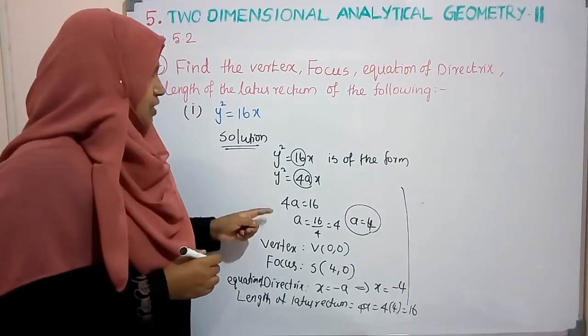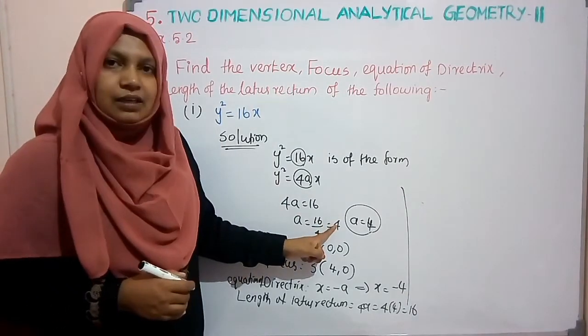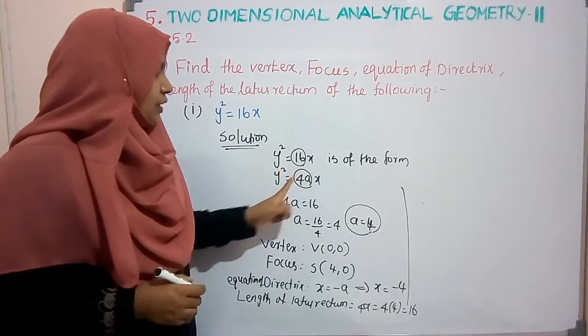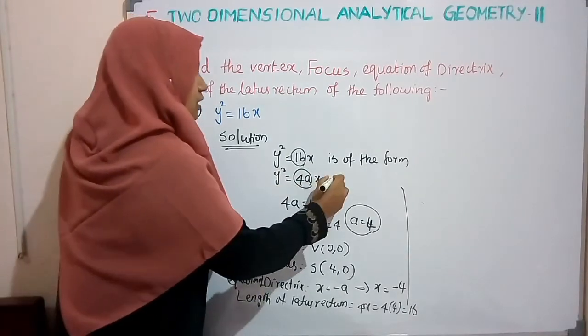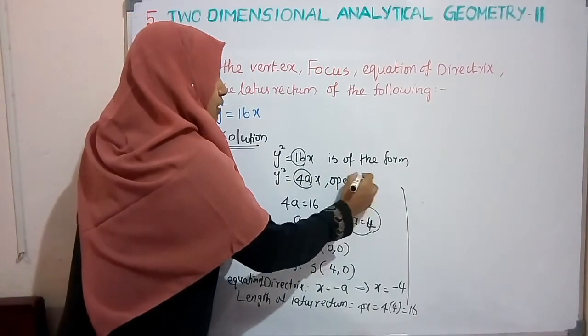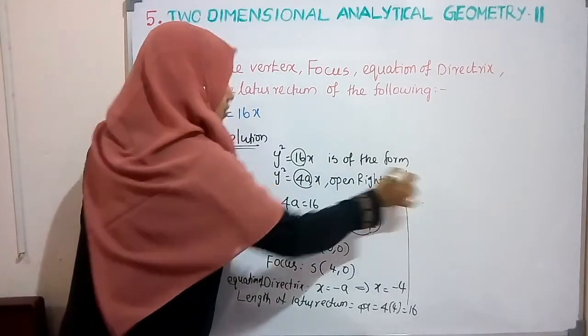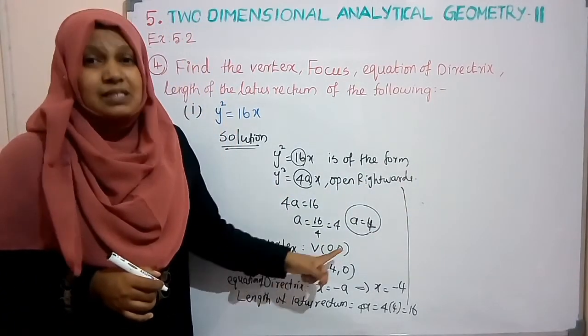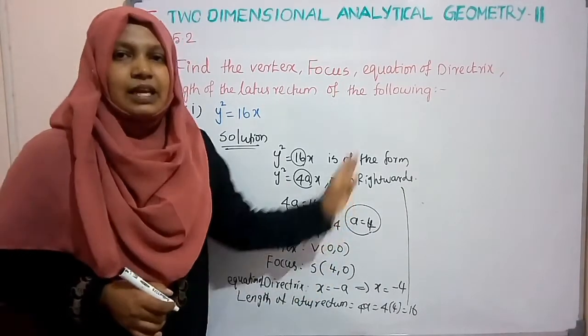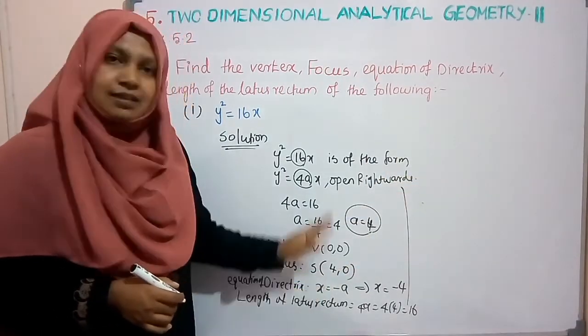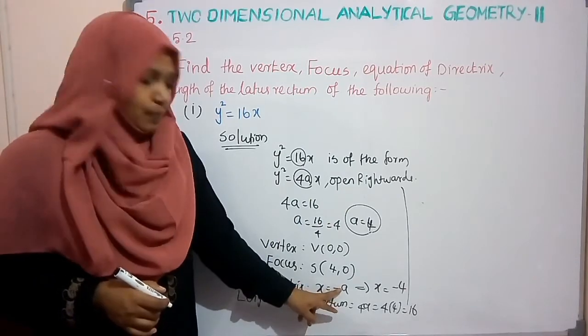Okay. So first you should find the value of a. Then it is in the form of y square equal to 4ax, means it is open rightwards. So open rightwards means the focus is a comma 0 because it is lying on the right side, and directrix is left side, so it is x is equal to minus a.